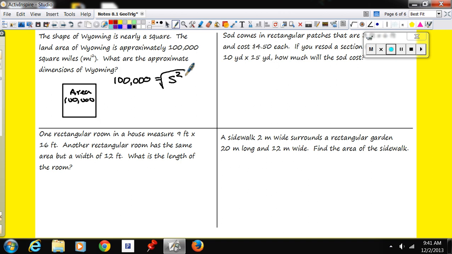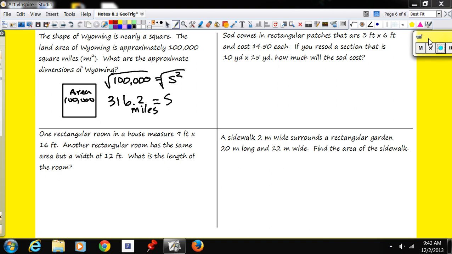Square root. Now that's not going to come out to be like 100 or 1,000 or anything. That's going to actually be how much? Good, 316.2 approximately, and that's miles. So Wyoming's sides are about 316.2 miles, not exact, but roughly.